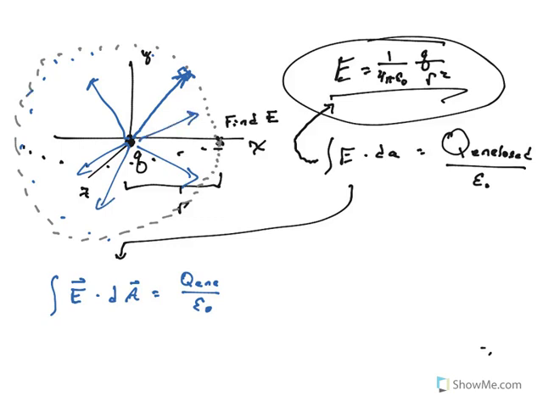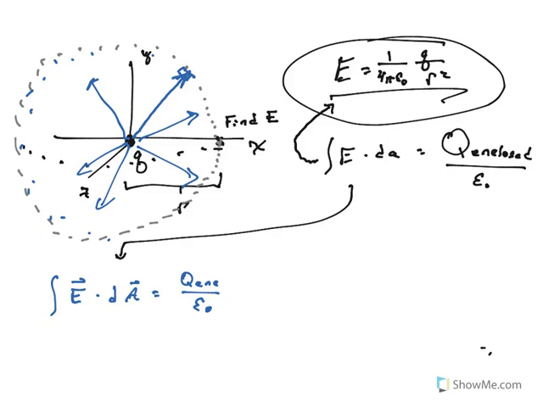So everywhere along the surface of this sphere, whenever one of the electric field lines crosses the boundary, it's always the same amount, because we're calculating the electric field at a constant distance from the charge.